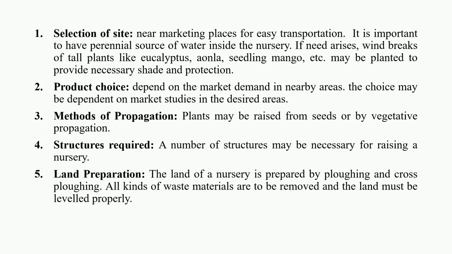Coming to the nursery establishment techniques, the first one is selection of the site. You should select a site near marketing places for easy transportation, so that you can deliver the product without damage and get more economic, commercial benefit. The second point is that you should have a perennial source of water inside the nursery, so that you can raise more plants without any problem.